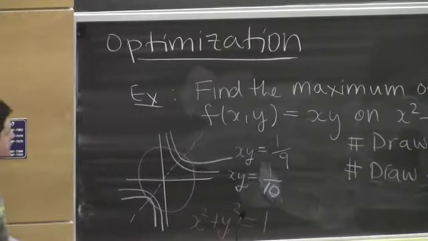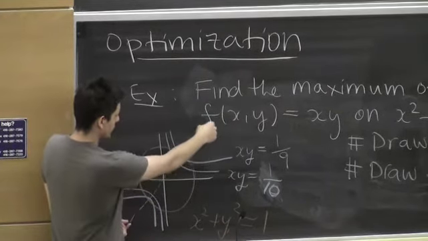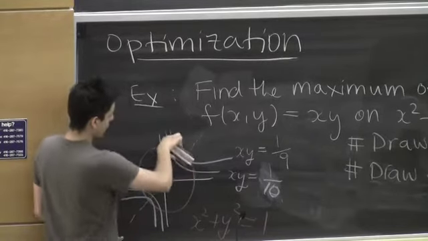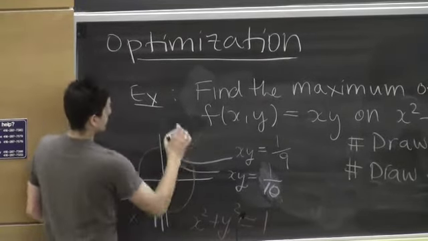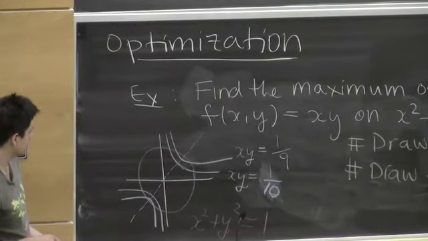They're both symmetric about y equals x. So we can flip this whole picture about that line. The red curve maps to itself. The blue curve maps to itself.